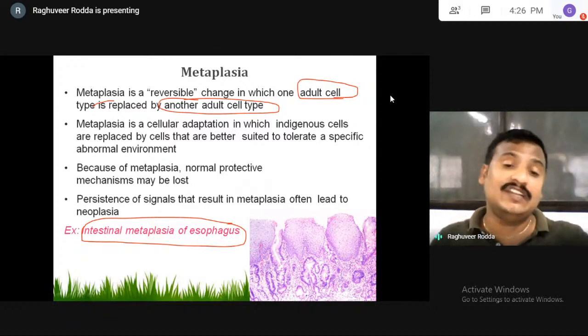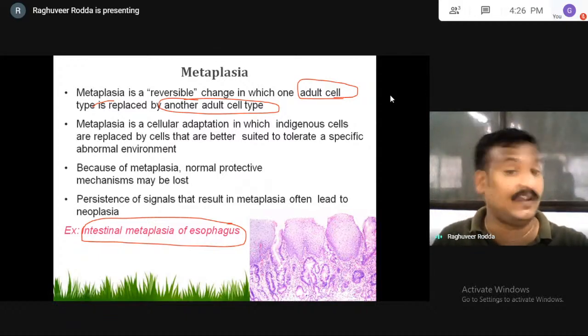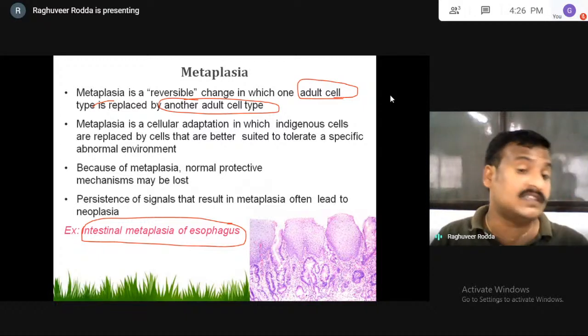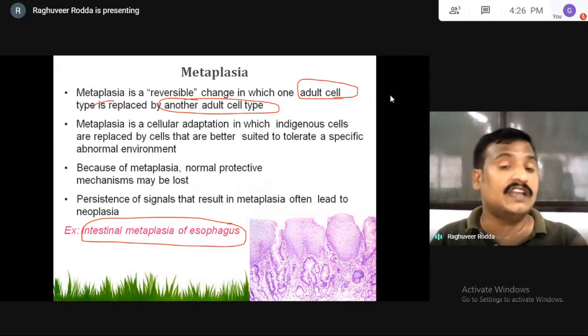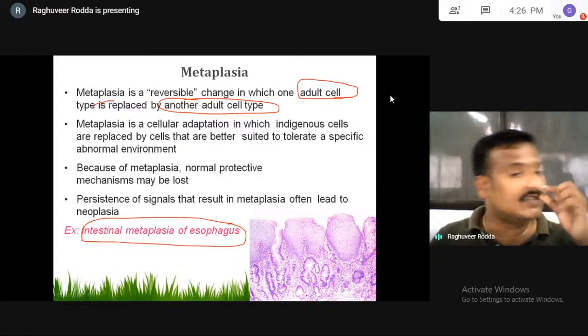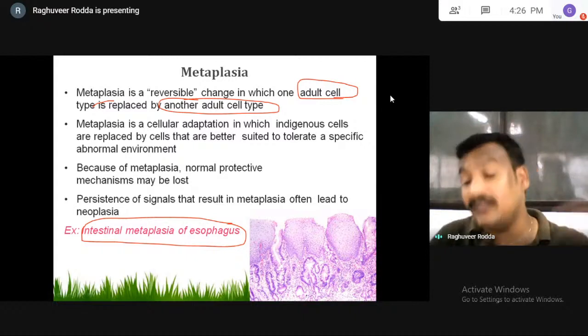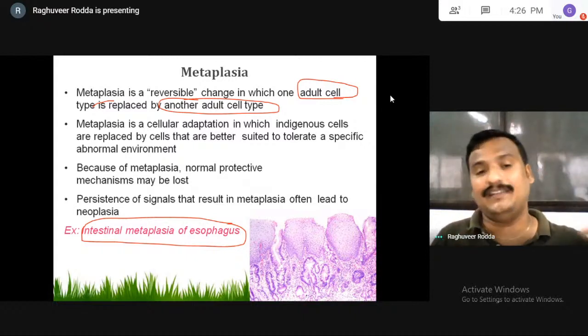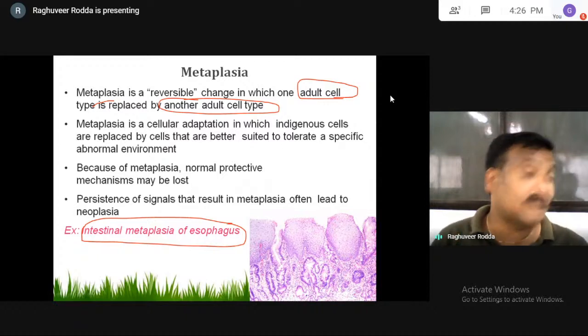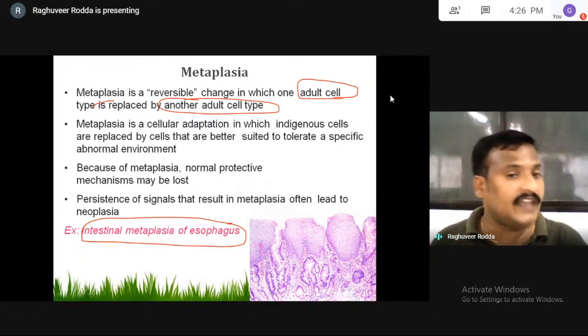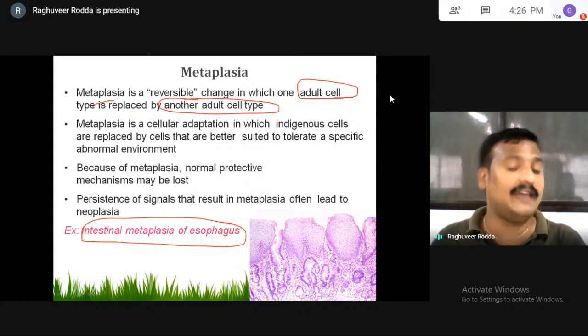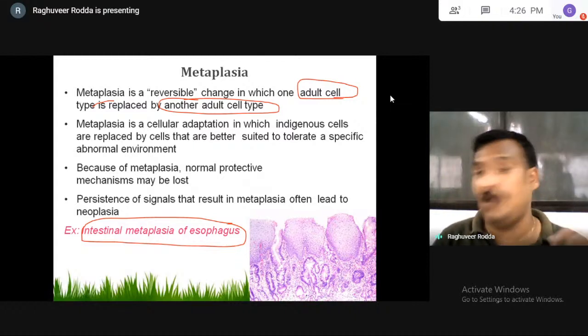So how is the intestinal mucosa observed under the microscope? Intestinal mucosa layer observed under the microscope. So whenever a person is suffering with intestinal metaplastic esophagus, that particular person's esophagus is observed in the form of intestine, in the form of small intestine, because the small intestine has gallbladder cells in its layer, but the esophagus does not have that gallbladder cell.